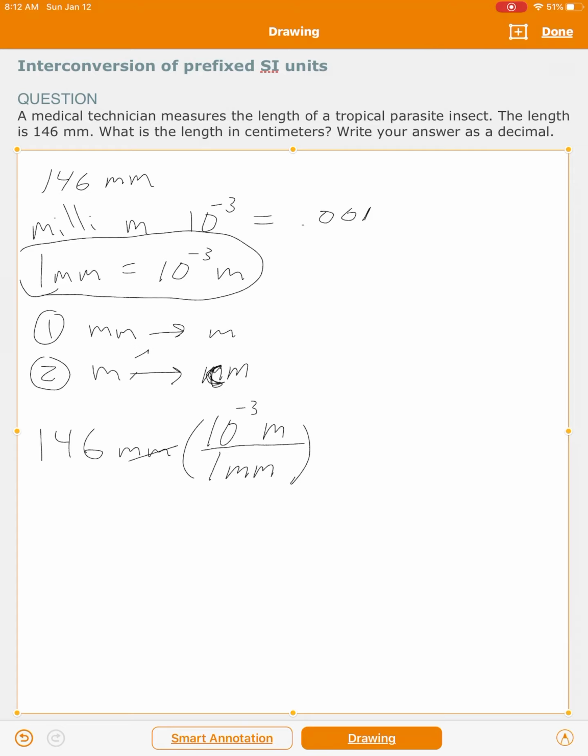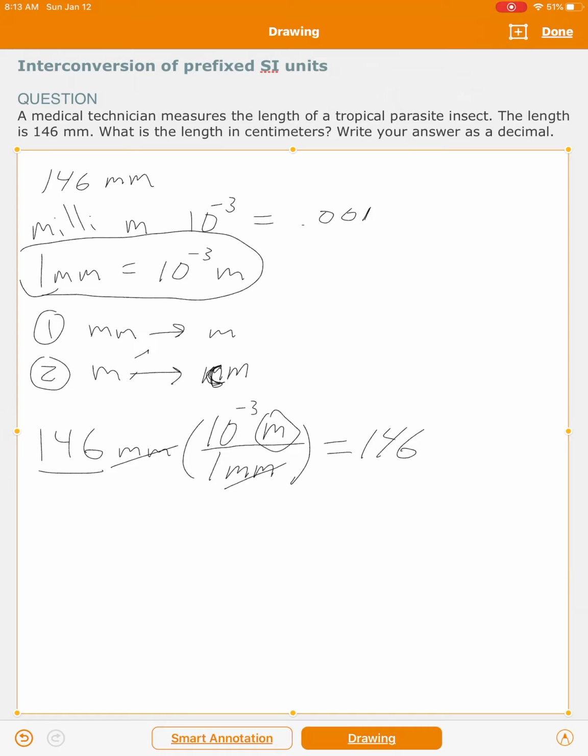Millimeters divided by millimeters is 1. So now we have 146, and the only units we have left are meters. But how do we deal with this 10 to the minus 3? Well, usually the notation we use is we take this number, 146, and then we're multiplying, even though there's no multiplication symbol there.